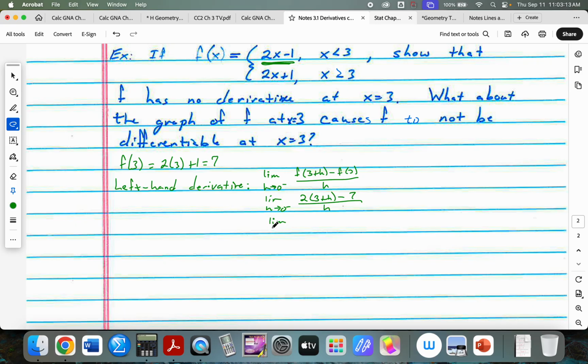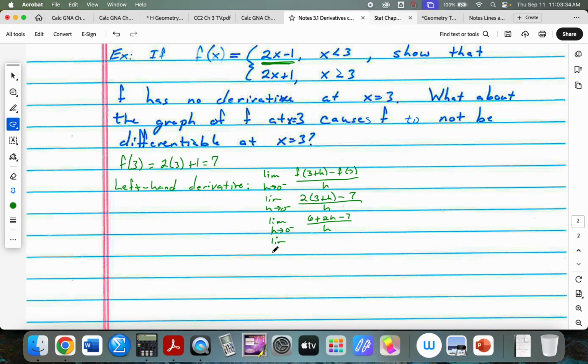So that's going to be the limit as h goes to 0 from the left of 6 plus 2h minus 7 over h.